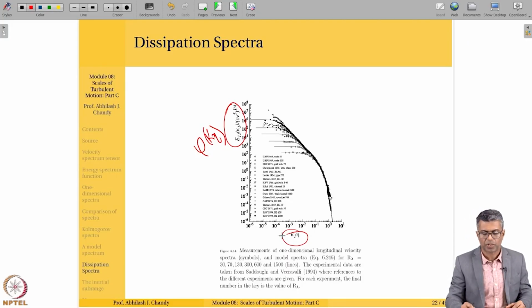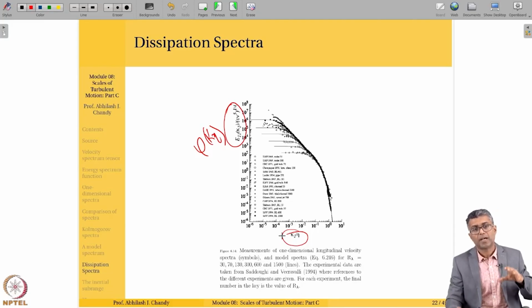You cannot see the legend clearly, but there is wake flow involved, there is channel flow involved, there is flow over a flat plate involved, multiple kinds of data, and at different Reynolds numbers. What you can see is that I have a normalized function that is plotted, and what I should be getting is a universal function, psi of kappa eta, and it looks like I am getting a universal function.